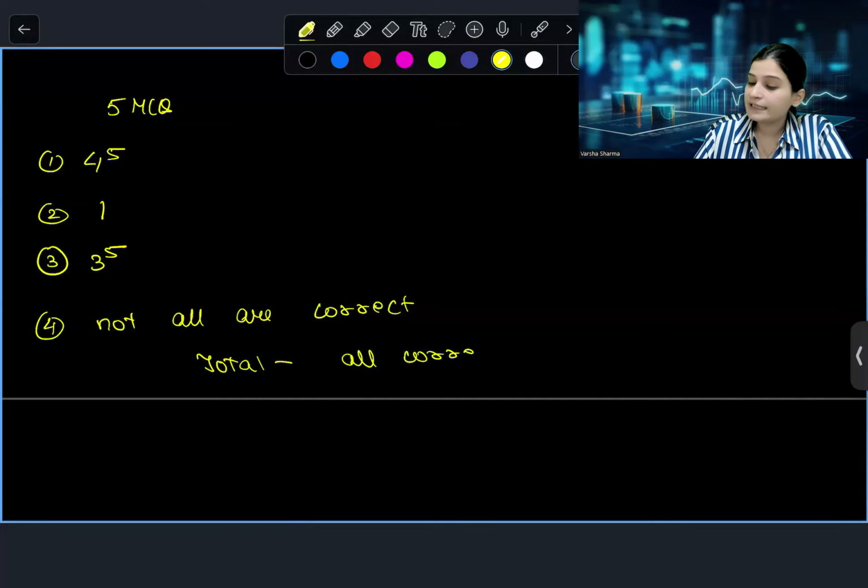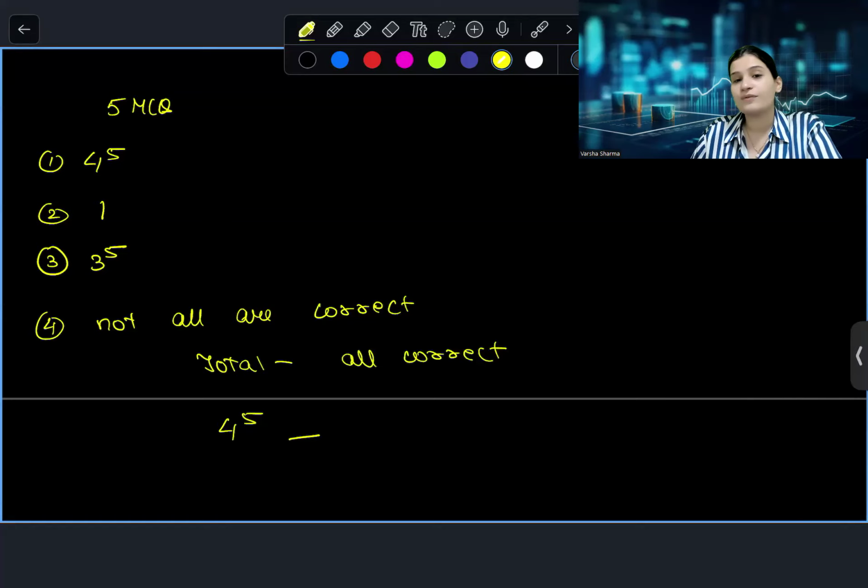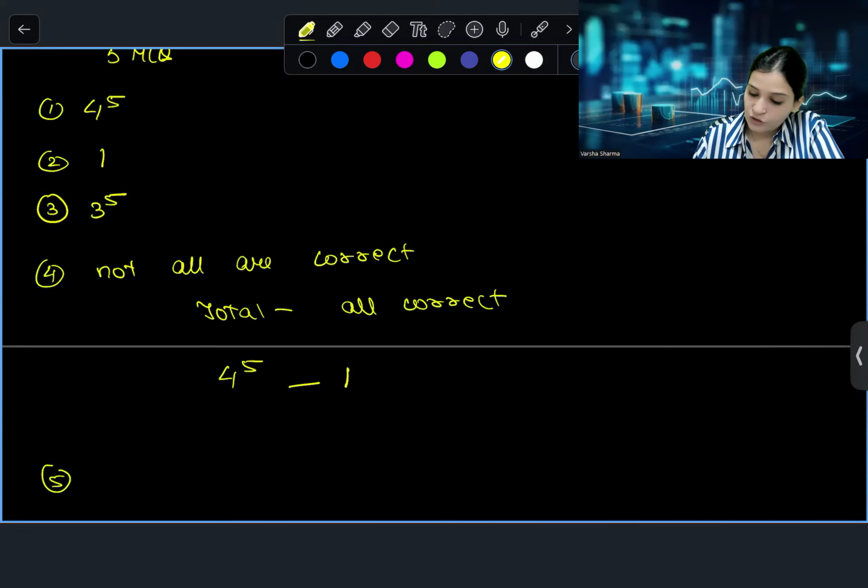From all the total cases, remove the case when all the questions are correct. That is the only problematic case. So total, I have 4 to the power 5 options. From that, I need to remove the case when all of them are correct. There is only one way. Subtract that.